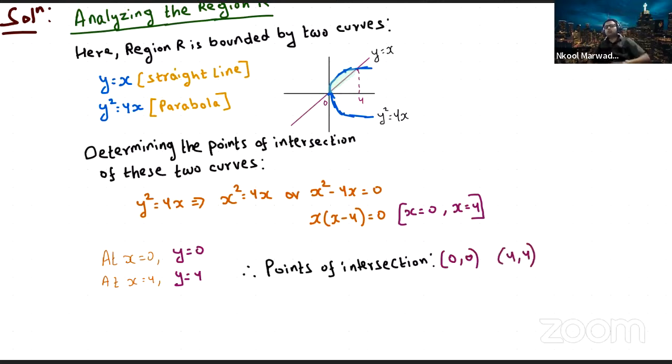So these are the two points of intersection. Now from here, we can get the limits for the double integral.